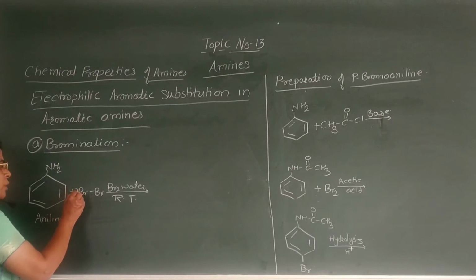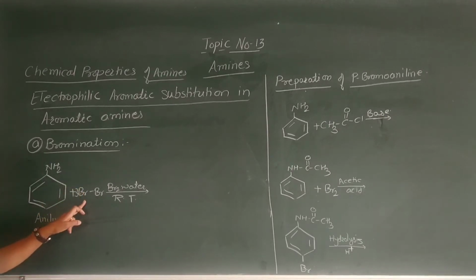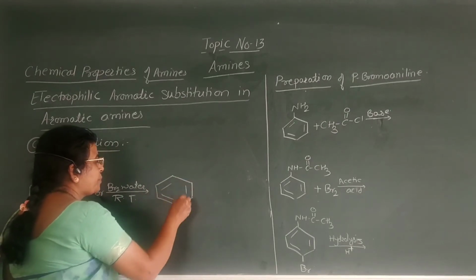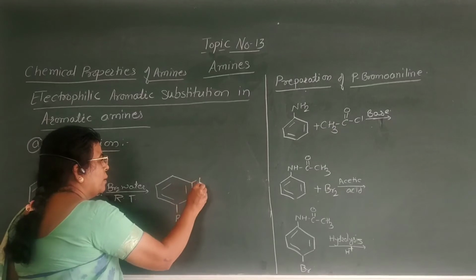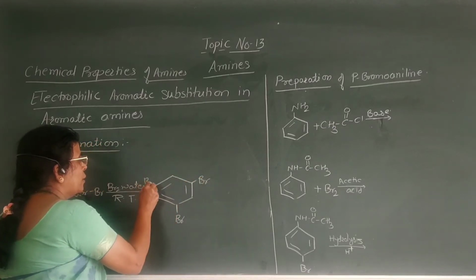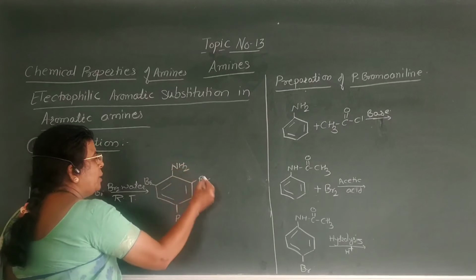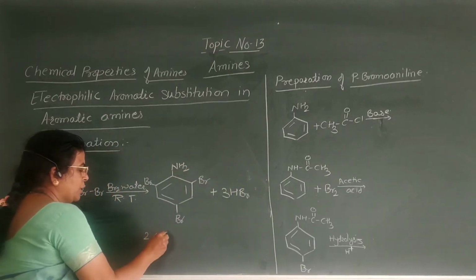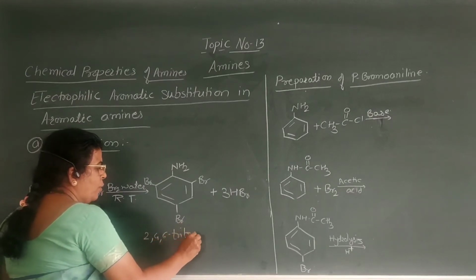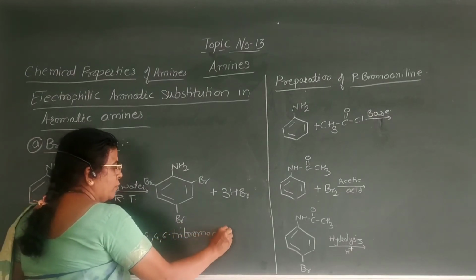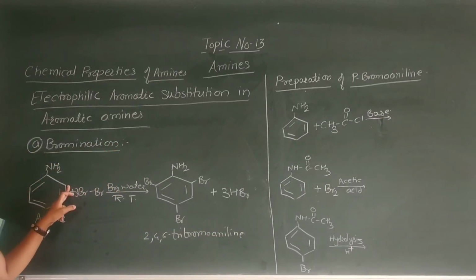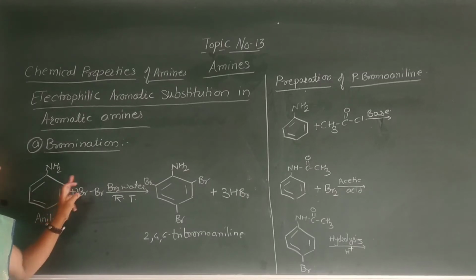Therefore we use 3 molecules of Br2 and we get 2,4,6-tribromoaniline plus 3 HBr. That is, all 3 hydrogen atoms from the ortho and para positions of aniline are replaced by bromine to give 2,4,6-tribromoaniline.